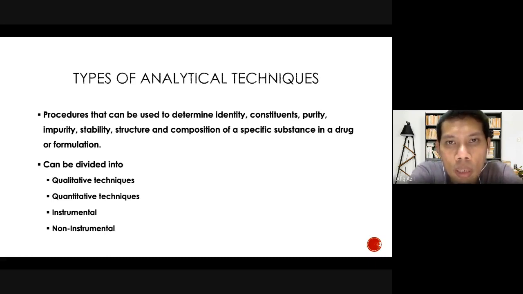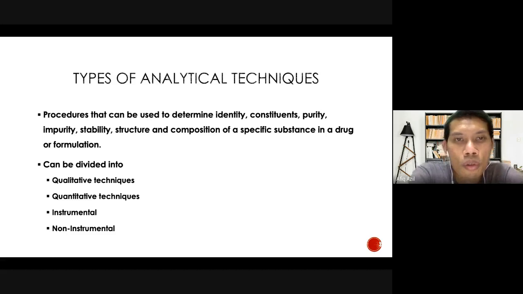So, first on the types of analytical techniques. So actually pharmaceutical analysis falls under the analytical chemistry branch, because most of the tests that you are going to do in pharmaceutical analysis are actually chemical analysis, and also some of the instrument involve all those instrument that is used in analytical chemistry itself, like IR, UV, what else, NMR.